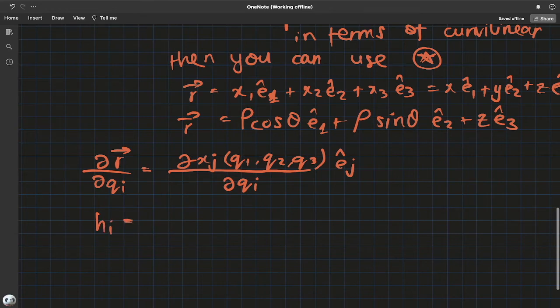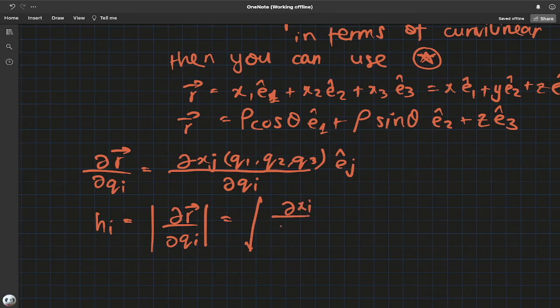And don't forget your scaling factor, you have to divide by the magnitude of this guy, which is just going to be the square root of, say, partial xi with respect to qi squared. Remember this subscript i, that's why you have to differentiate with qi while you change the top part.